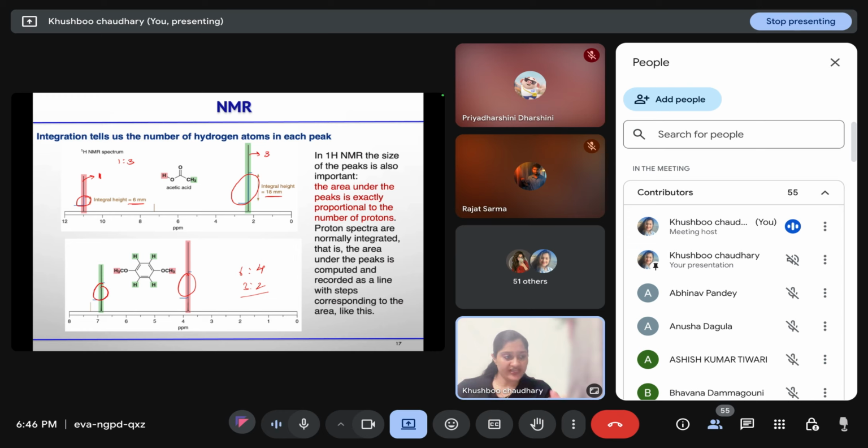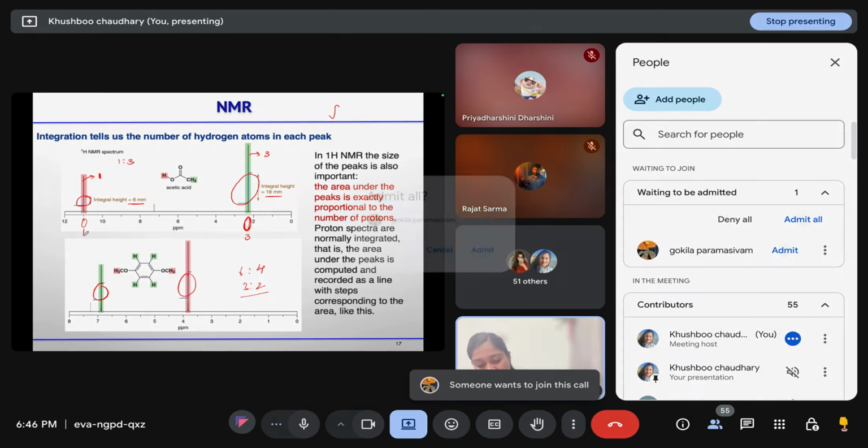Okay, so integration just tells you about... Ma'am, can you explain how the ratio has been obtained? I have a doubt in it. When you do the NMR spectrum, there is an integration option. When we select that option, a number will come below, with an arrow. If it shows 3 here, it will show 1 here.